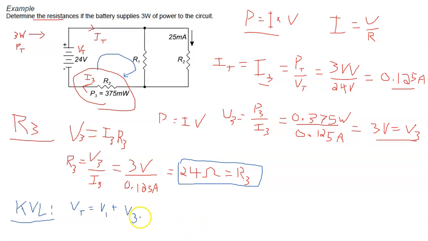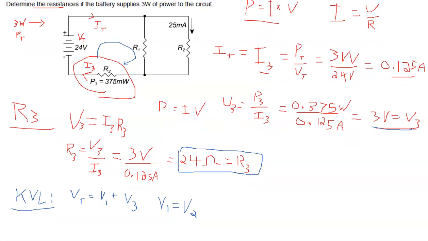And from parallel circuit rules, we know that R1 and R2 are in parallel, so V1 is equal to V2. Okay, and so finding V3 up here was the important calculation, because again, it allows us to complete the rest of these calculations now.